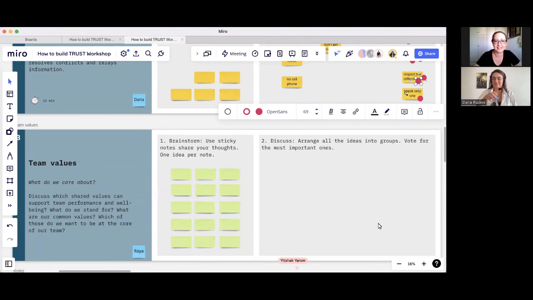Yeah. So team values, the samples of team values. It's like open communication, be honest, be creative, willingness to learn from your team members, from new resources, from courses, focus on goals and results of the team and company.